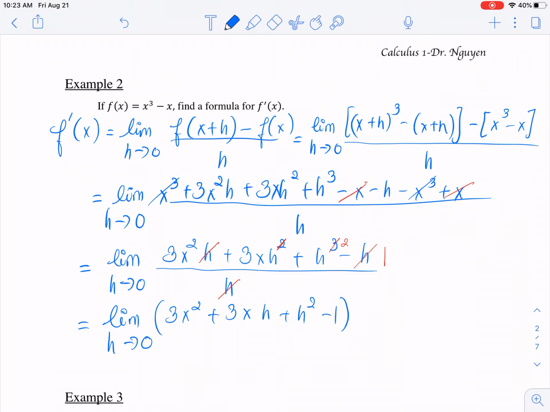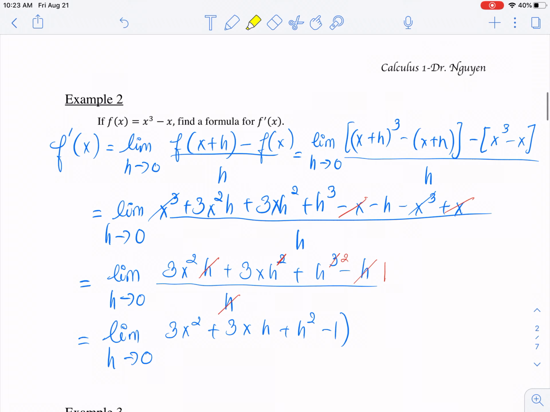If you plug in 0 here, 0 here, and 0 here, those cancel out. So we end up with 3x squared minus 1. Perfect. That's the f prime function, which is the derivative.